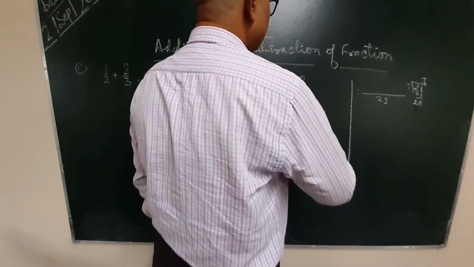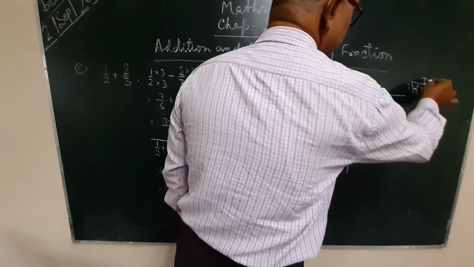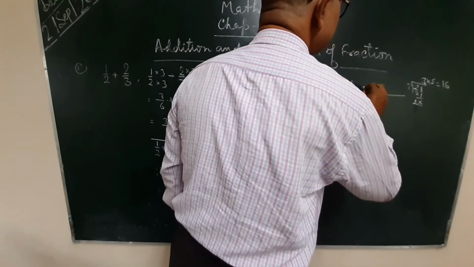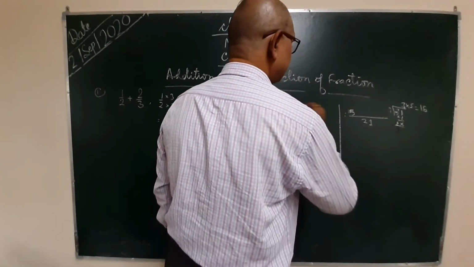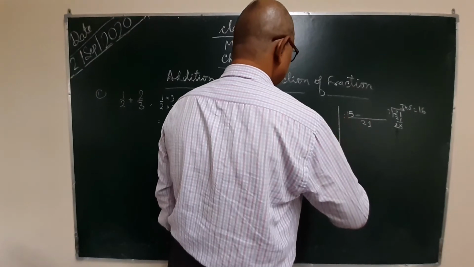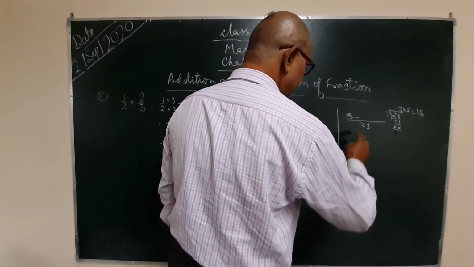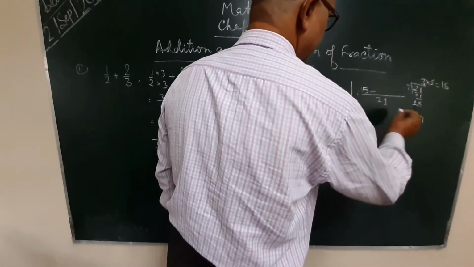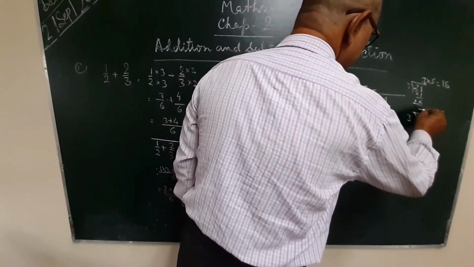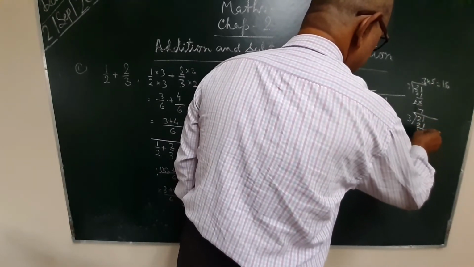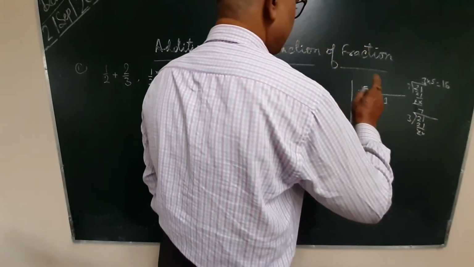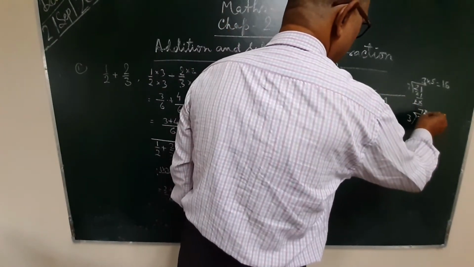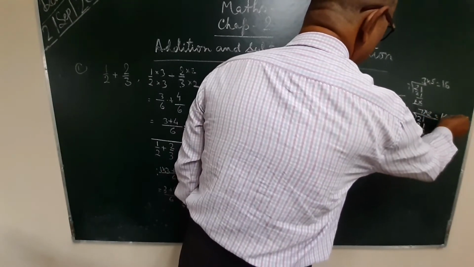So 3 multiplied by 5 equals 15, that is written here, minus this 21 divided by 3, 3 sevens are 21, we multiply 7 by this numerator 2. 7 twos are 14.